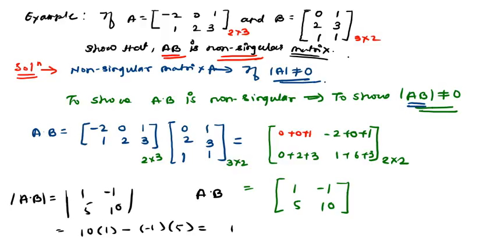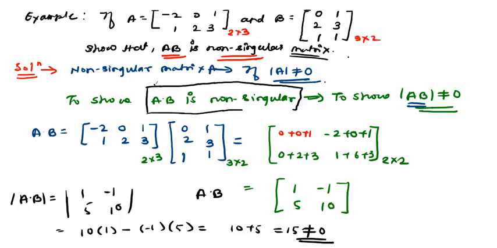So this will be 10 plus 5, which is 15, and which is not equal to 0. This implies the matrix AB is a non-singular matrix.